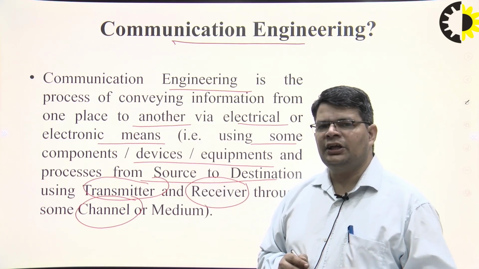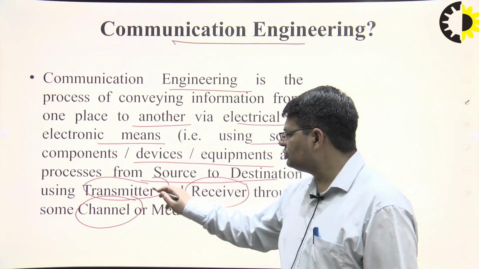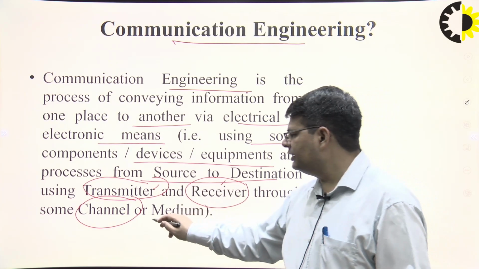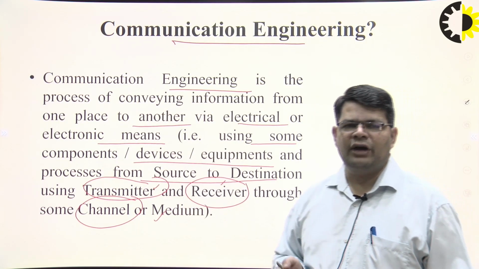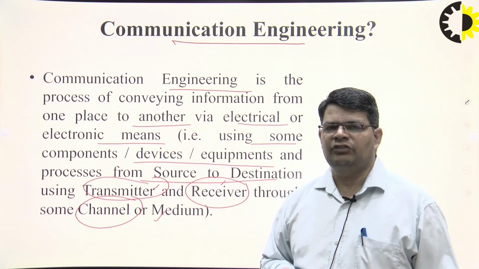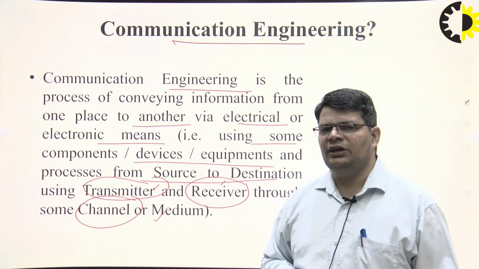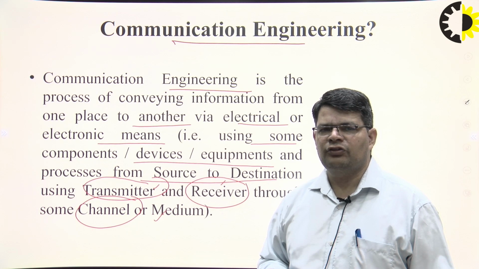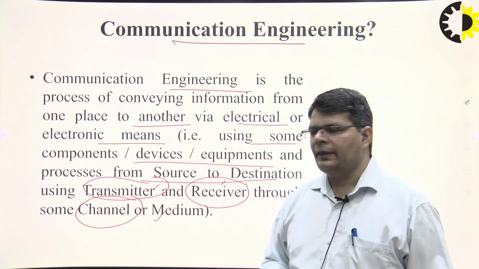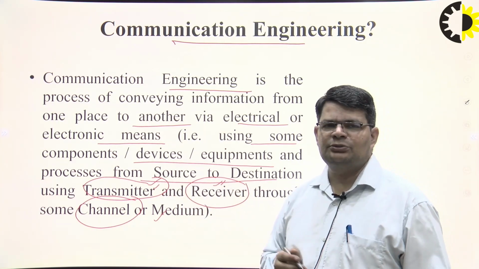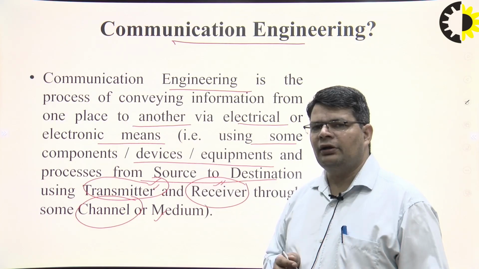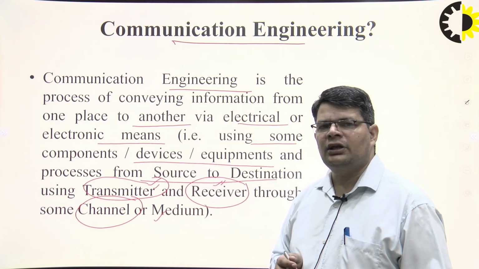Communication engineering involves the use of a transmitter, a receiver and some kind of channel or media. The channel can be wireless, for example free space. The channel can be a wired or guided media, for example optical fiber cable, coaxial cable or twisted copper wire. The transmitter and receiver can be, for example, an RF transmitter and receiver, or an optical transmitter and optical receiver.